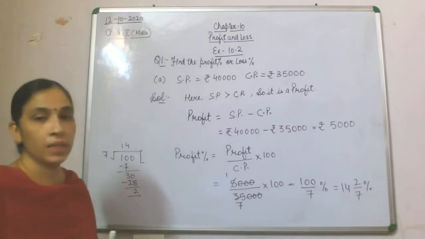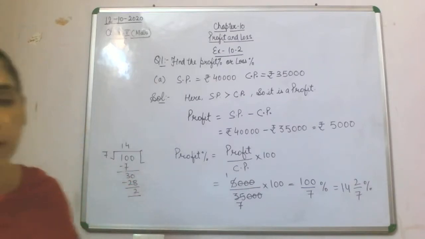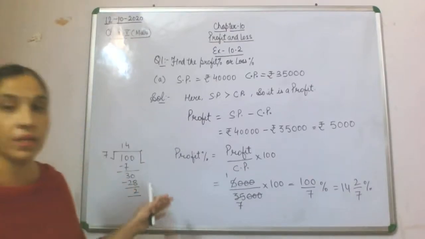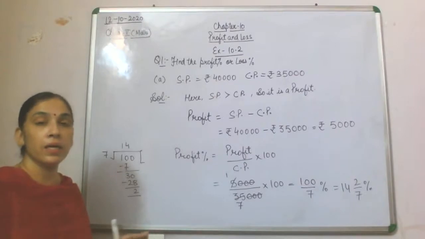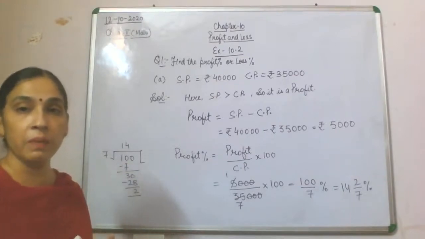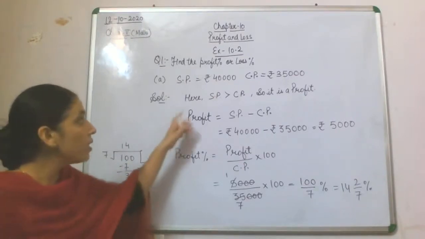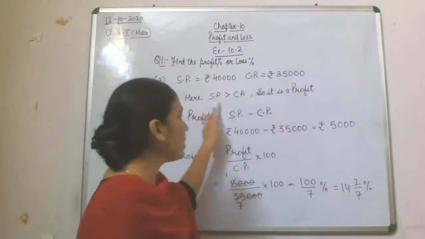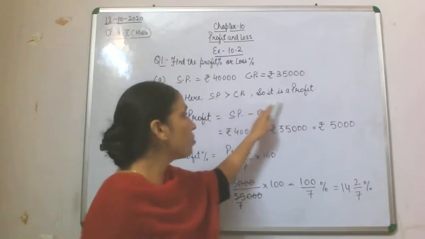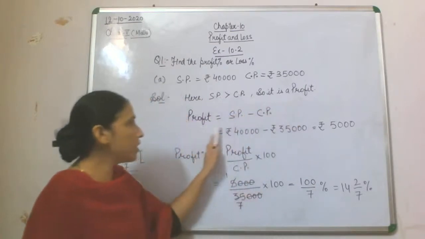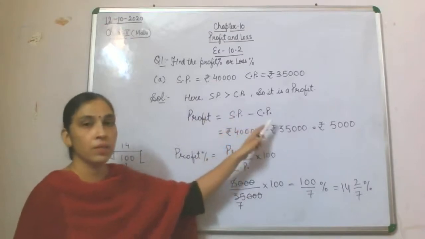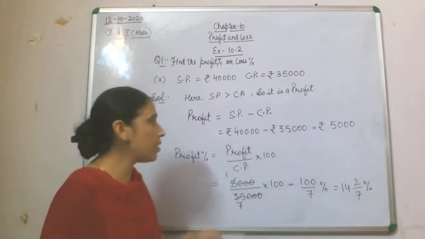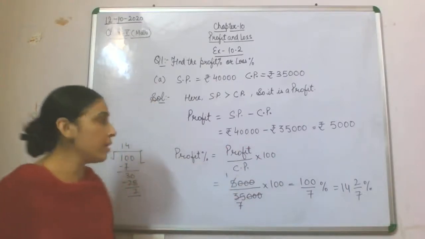Now what next? Next is B part. I hope the question is clear to you. I'll repeat it once again. A part. In this question you have been given selling price, which is 40,000, and cost price, which is 35,000. So here SP is greater than CP, so it is a profit. Now profit is equal to selling price minus cost price. So 40,000 minus rupees 35,000, what you are getting? Rupees 5,000.